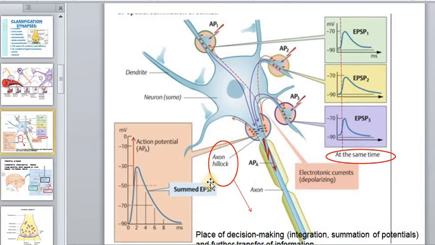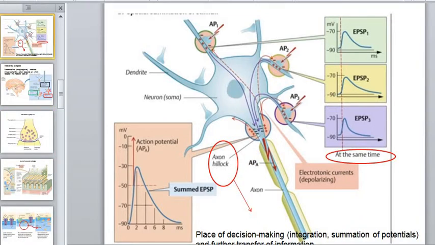In this place, the axon hillock is a place of decision making, where the process of integration and summation occurs, and the further transfer of information. And here we see another type of chemical synapse.